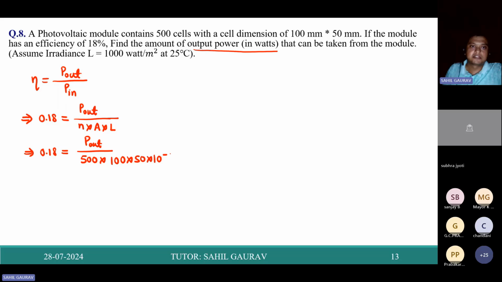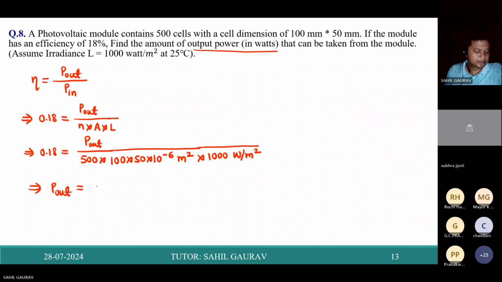We have to convert into meter square, so into 10 to the power minus 6 meter square, and solar insolation is given as 1000 watt per meter square. So we will get P out as 450 watt.